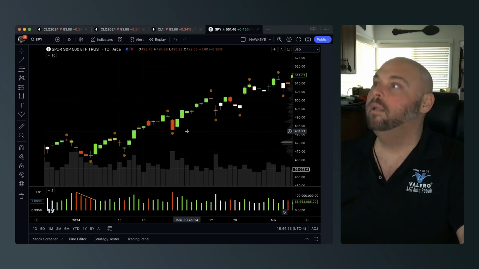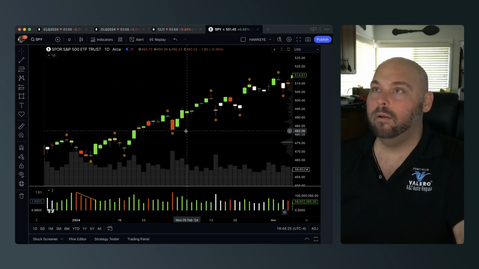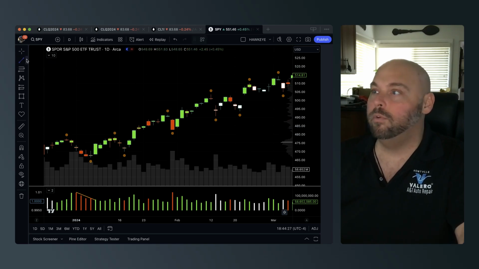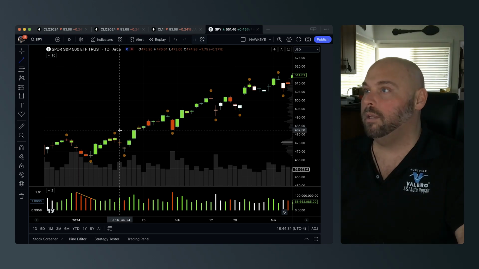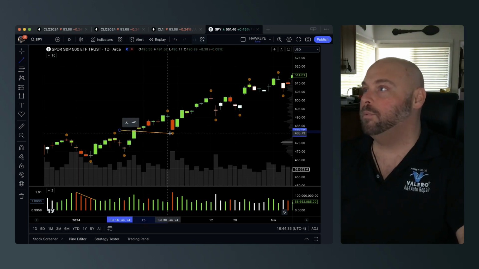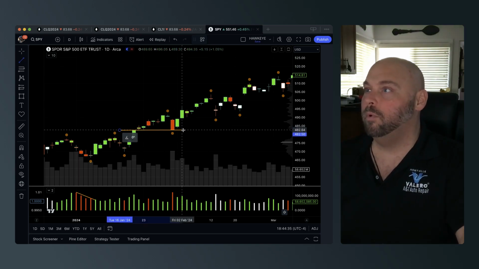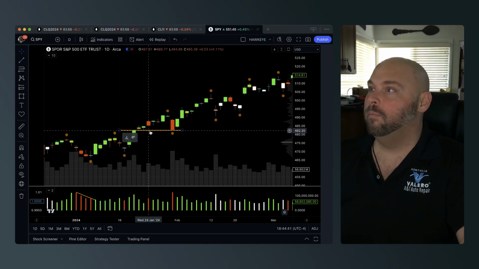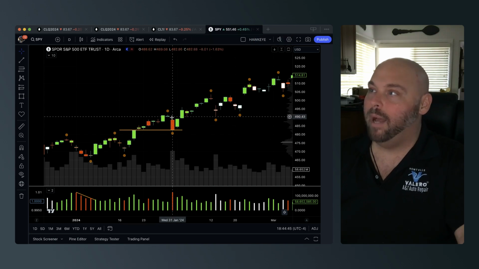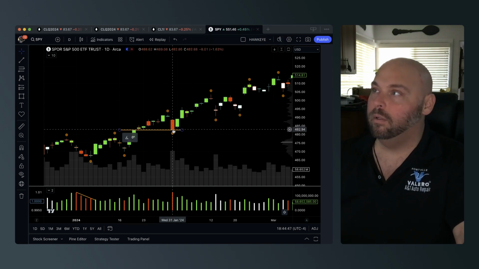But guess what? The buyers said, that's okay. You can sell strong if you want, but we think there's value here at this price, and we're probably not going to let you go any lower. Notice that at that big candle there, where there was enough buying interest, when the sellers pushed back to it, they found support.